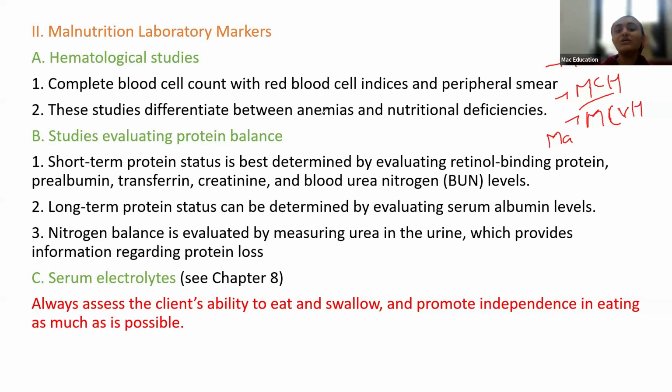These studies differentiate between anemia and nutritional deficiencies. Through this we can identify which deficiency the patient is suffering from, vitamin B12 anemia or iron deficiency anemia, which type of anemia the patient is experiencing. So through the CBC test and the RBC indexes, we can find out the type of anemia. These are the laboratory markers through which we can study the differences between anemias.